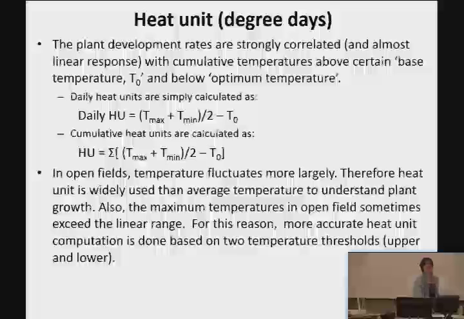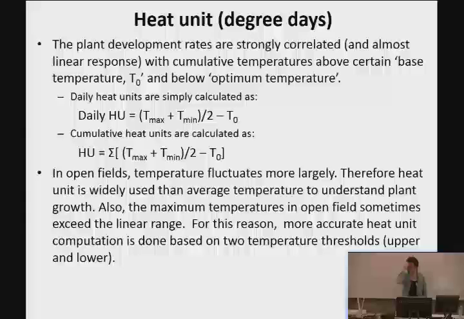All right, so if you are a field grower or doing agronomic study as research, you probably know heat units, right? Degree days, heat unit. That is used as a major factor to estimate the potential growth of the crop in a field.